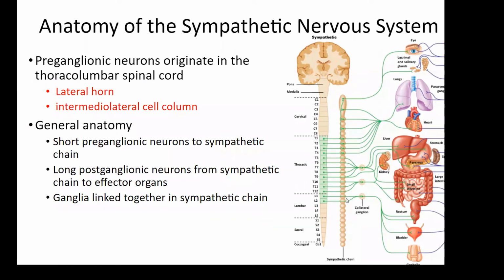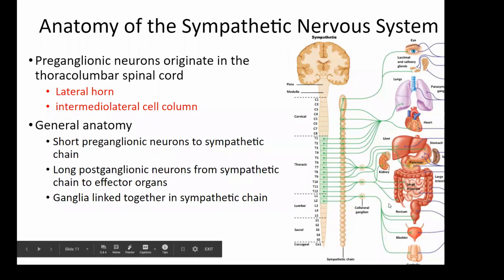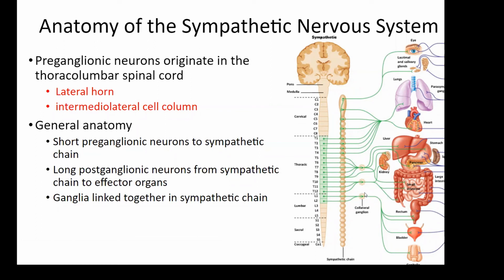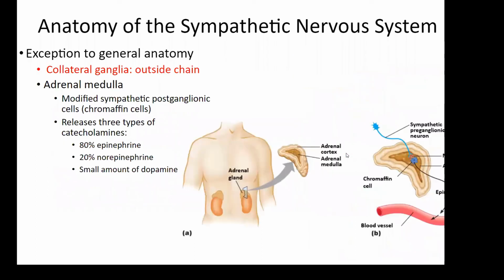It didn't really enter. It just continued out to this collateral ganglion, and that's where you see it connecting up to the postganglionic neuron. So that's what a collateral ganglion is. It works similarly. It's just that the ganglion they go to, where they hook up with the postganglionic neuron, is not part of that chain.